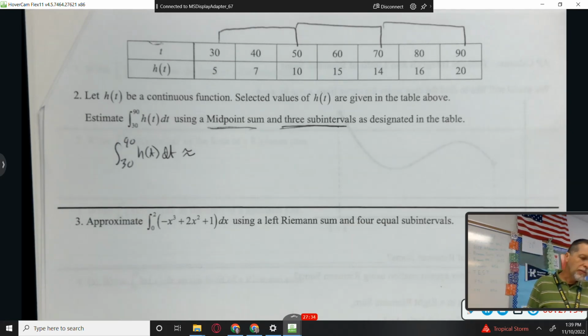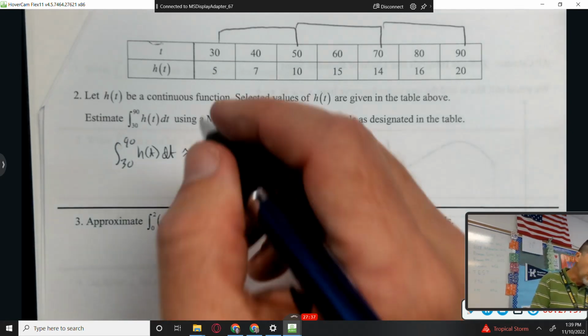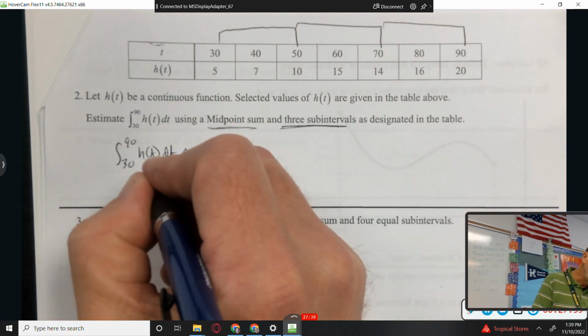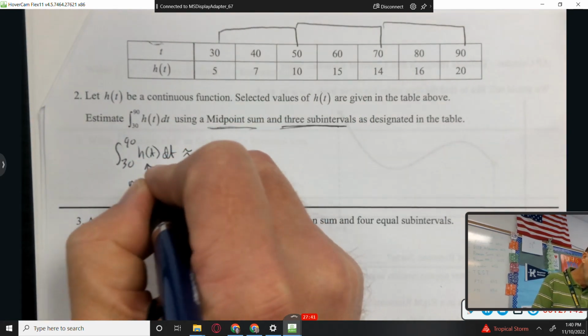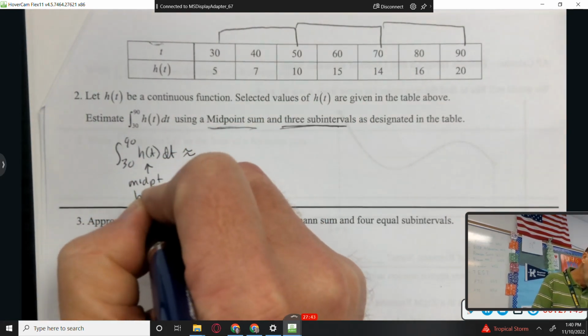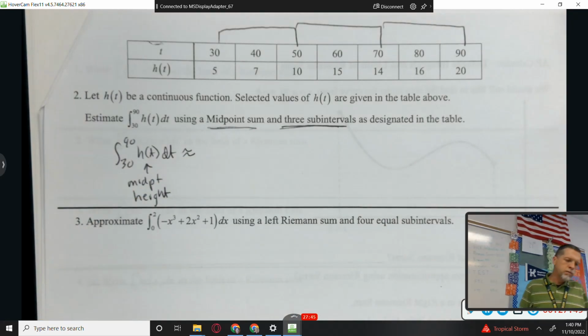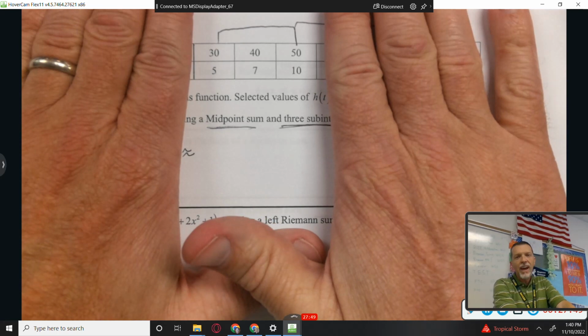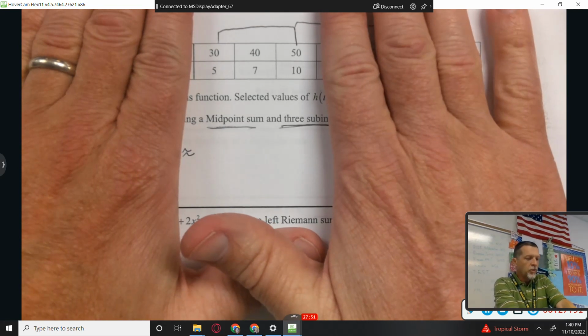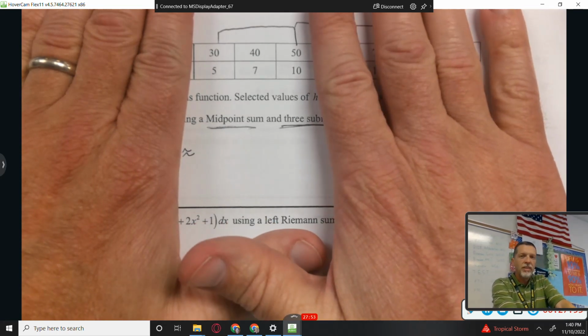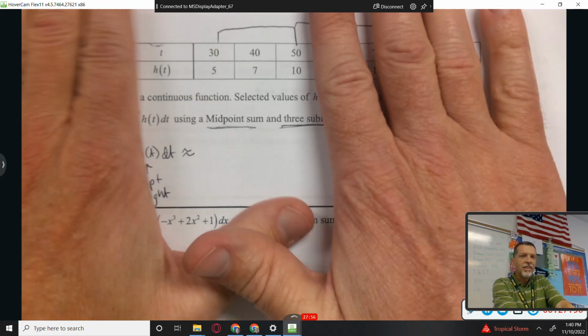So my first midpoint rectangle, midpoint heights. I've got more data to look at. Which one of those numbers is the height at the midpoint? 40. Oh, wait. 7.